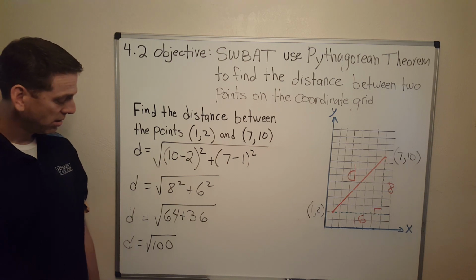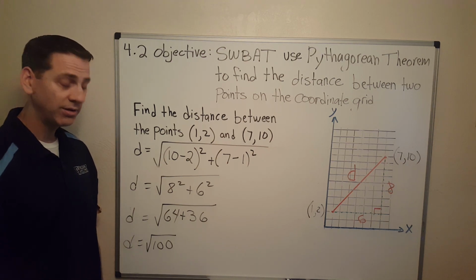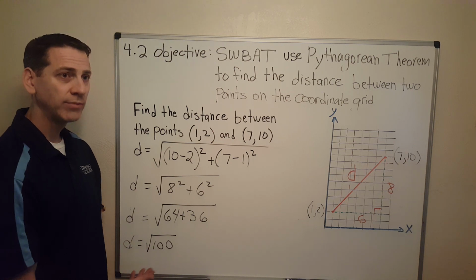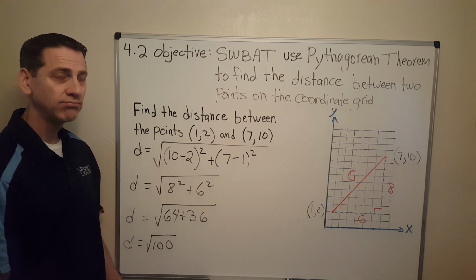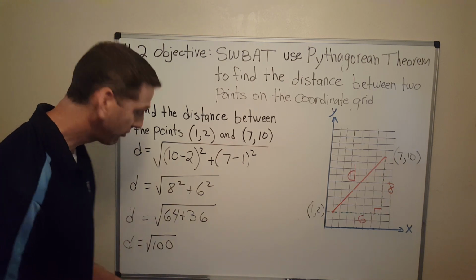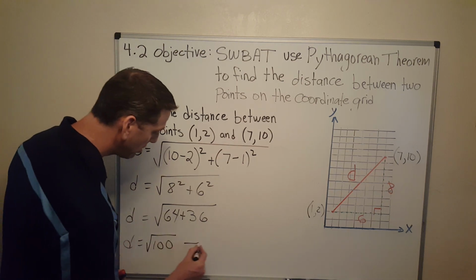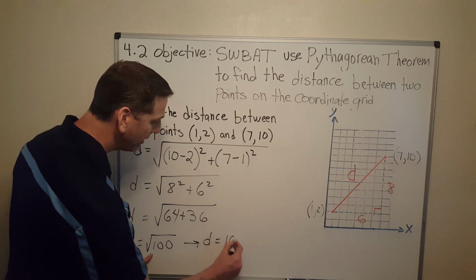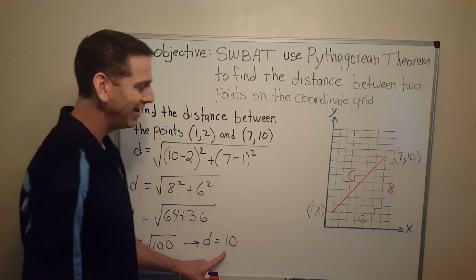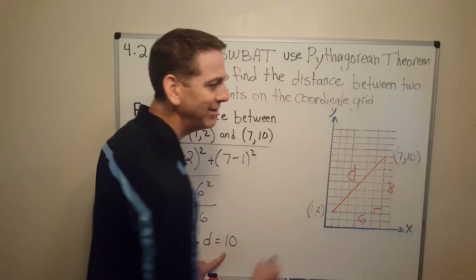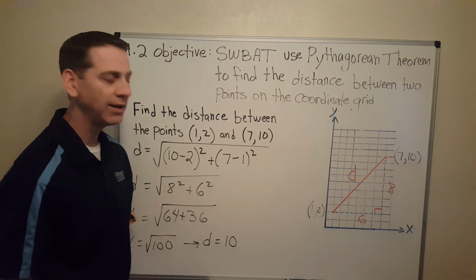And what is the square root of 100? What number squared is 100? Well, 10 times 10 is 100. So I know that the square root of 100 is 10. And we know, actually it's plus or minus 10, but when you're dealing with distances, you don't have any minuses.